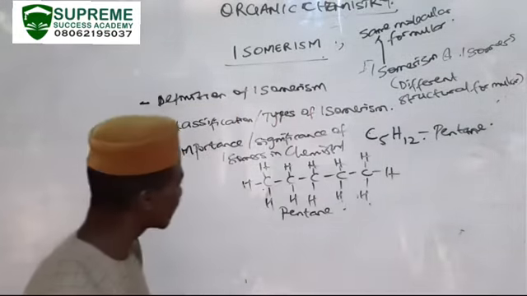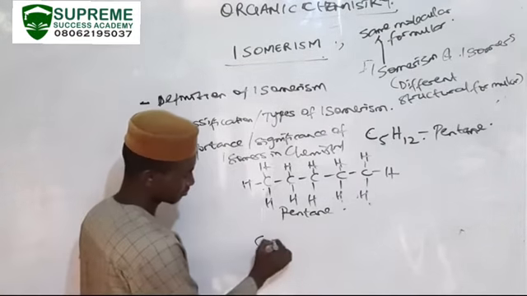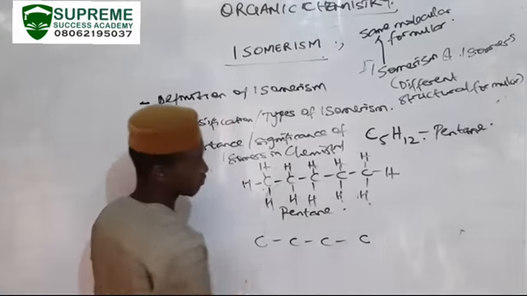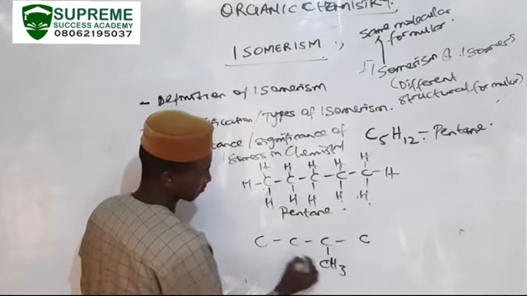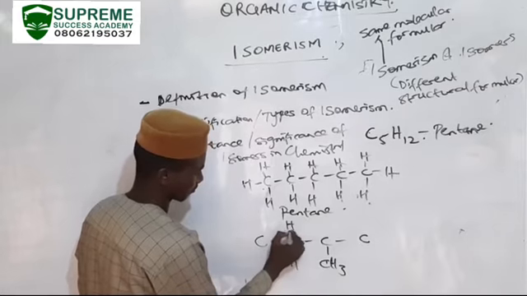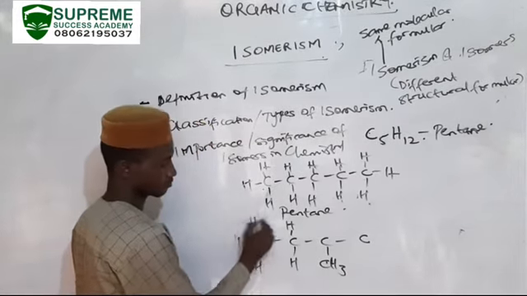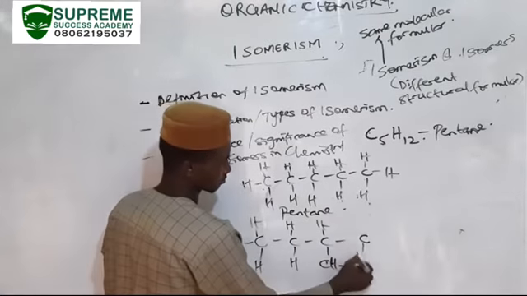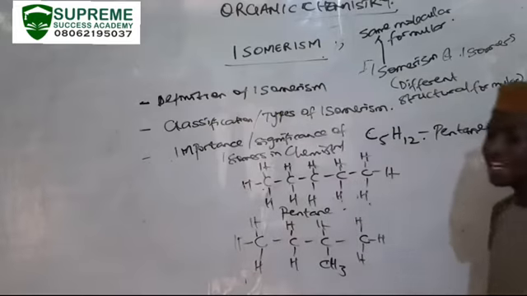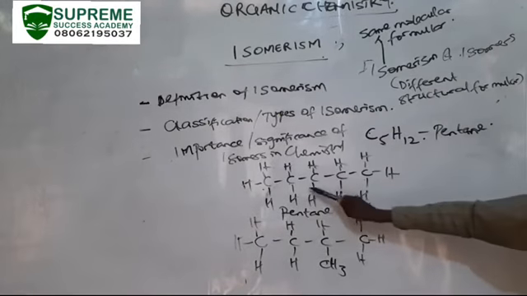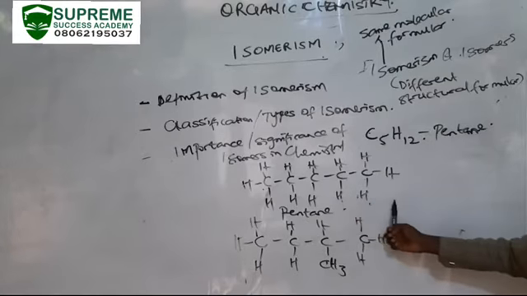An example of such kind of compound is this, where we have 4 carbon on a straight chain. So looking at this, pentane has 5 carbon and 12 hydrogen on the straight chain.